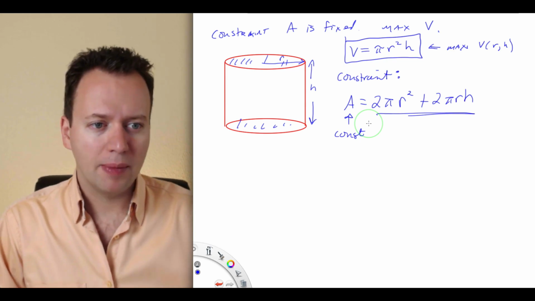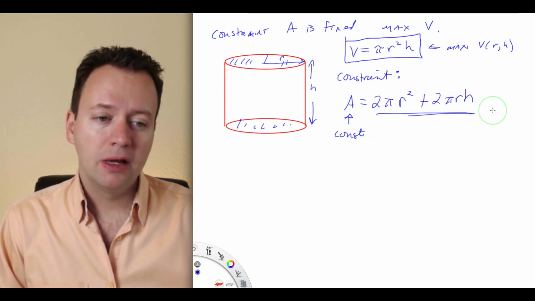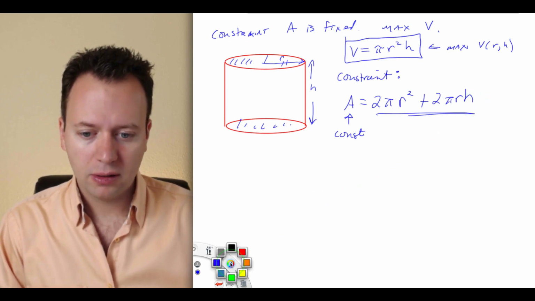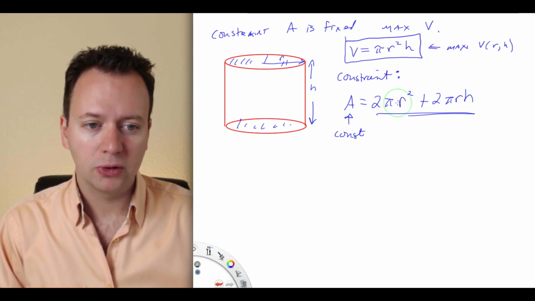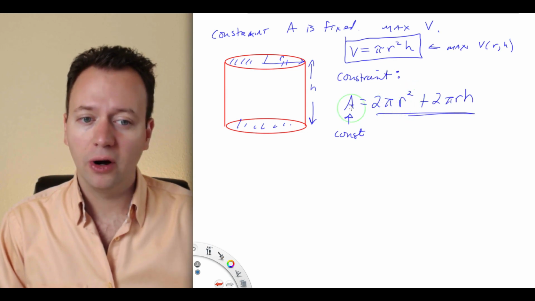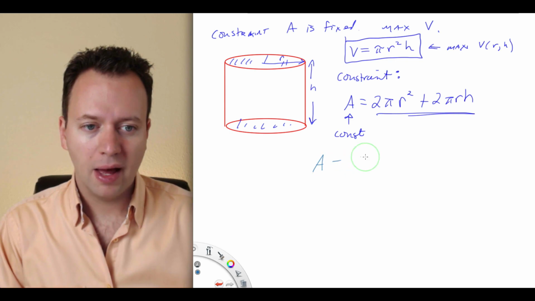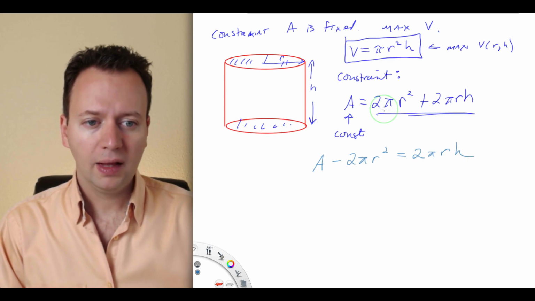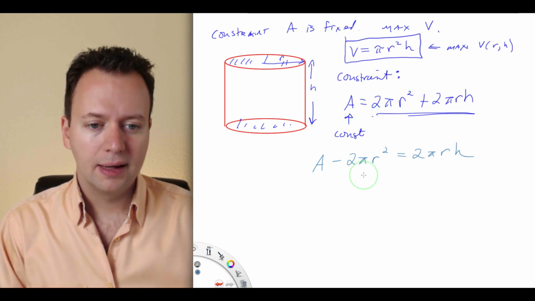However, h is all by itself in just a single term, so it's not too difficult to solve for h. So to solve for h, let's put the work down here. I'm going to subtract 2 pi r squared from both sides and then divide by 2 pi r. So we get A minus 2 pi r squared is equal to 2 pi r h. I basically moved the 2 pi r squared to the left-hand side.